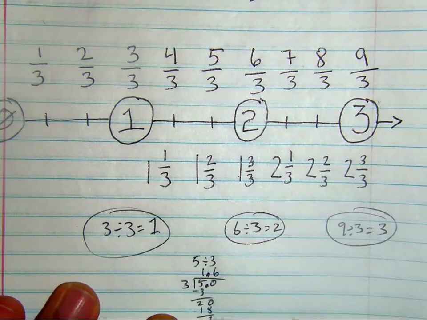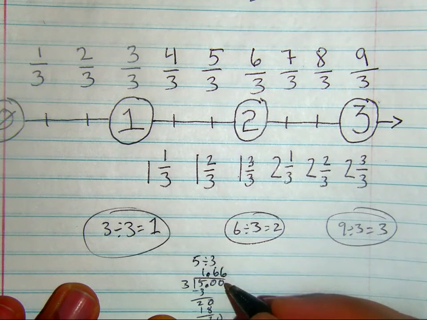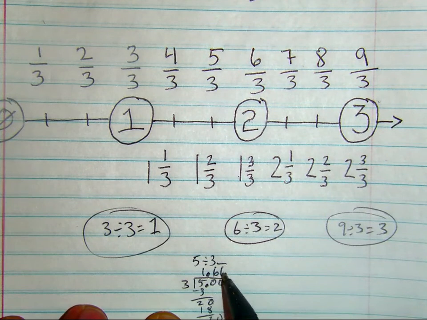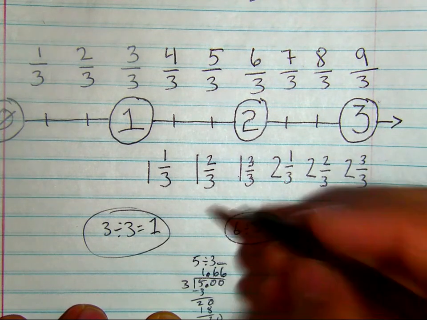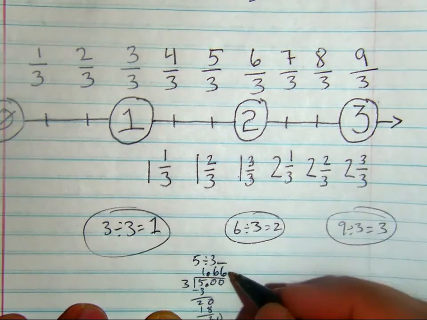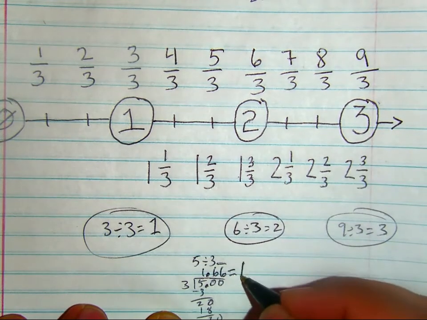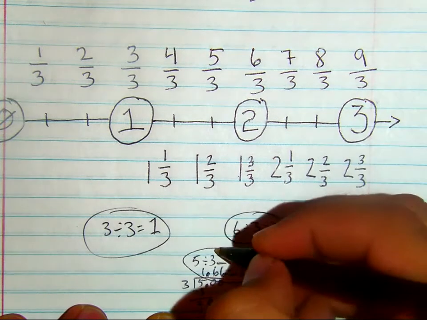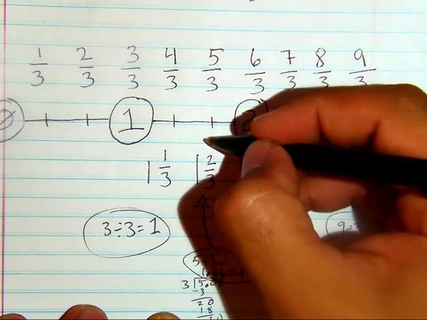You bring down another 0, and that will give you another 6. And you can see how 1.66 is going to repeat. Well, 1.66 with a line over it is going to equal 1 2/3, which is this. Okay?